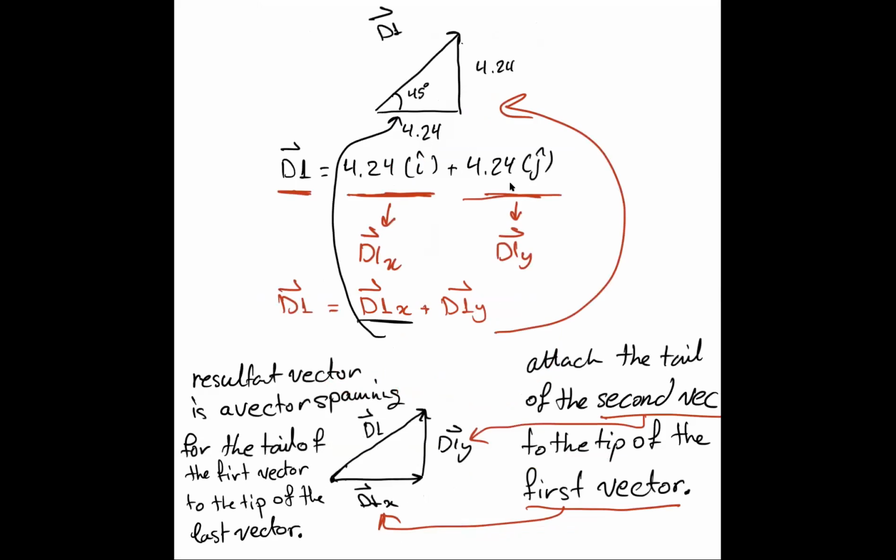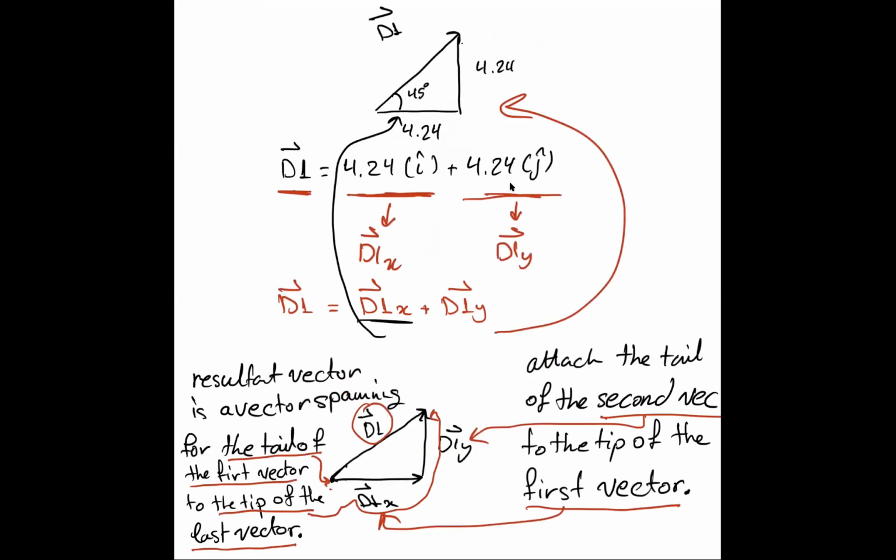And in this case, the tail of the first vector was this point right here, and the tip of the last vector was this point right here. And that gave us the resultant vector d1.